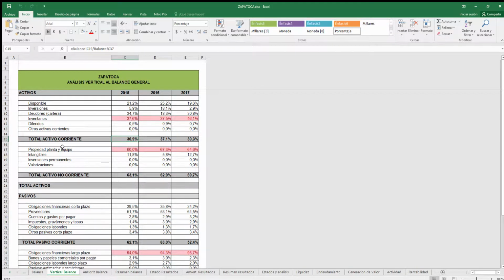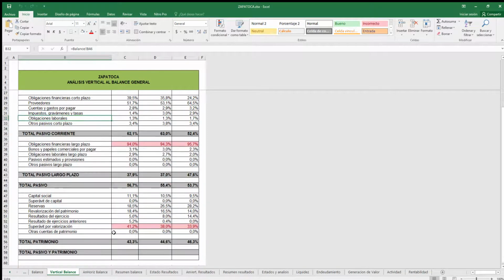We can see here that the not current assets in 2015 correspond to 63.1% of the total of assets, and the current assets are 36.9% of the total of the assets.